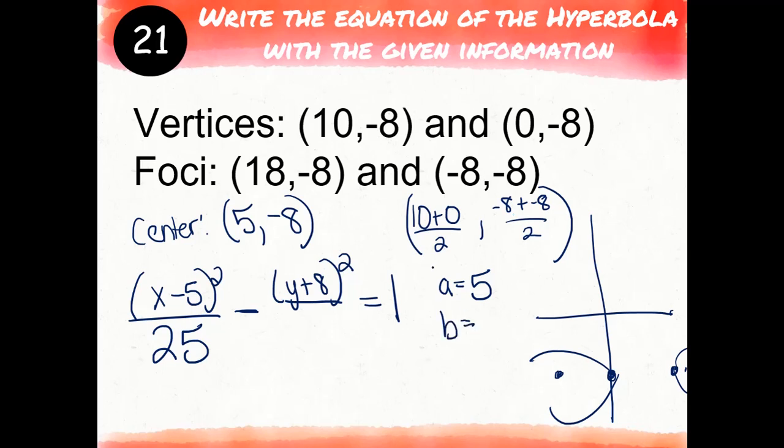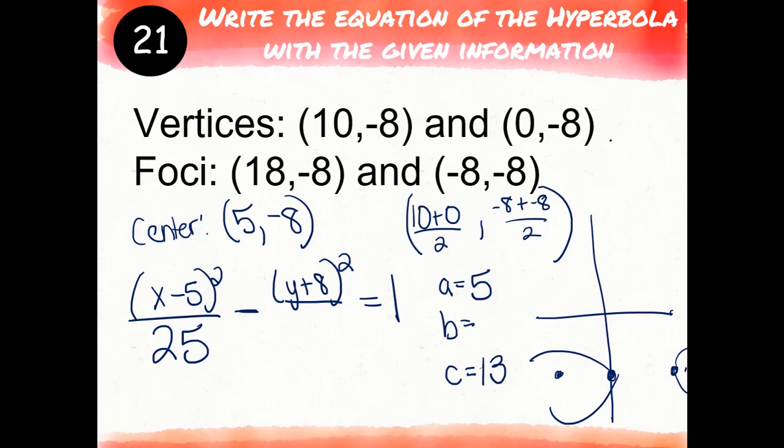But I do know information about the foci, which is the c term, right? C, remember, was center to foci. So center 5, negative 8 to 18, negative 8 is a total distance of 13, right? 5 to 18 is 13. So my c value would be 13. How could I find b? I could use our formula, right?